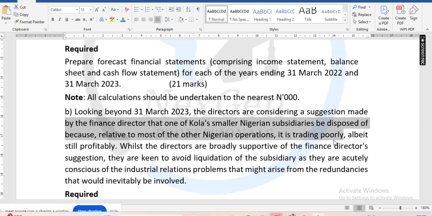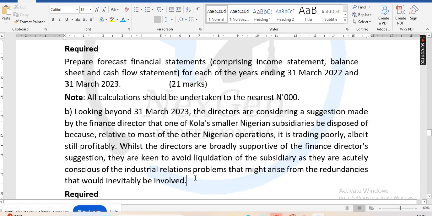The directors are broadly supportive of the finance director's suggestion that they should sell it off. They are keen to avoid the liquidation of the subsidiary as they are acutely conscious of the industrial relations problem that might arise from the redundancy that would inevitably be involved.